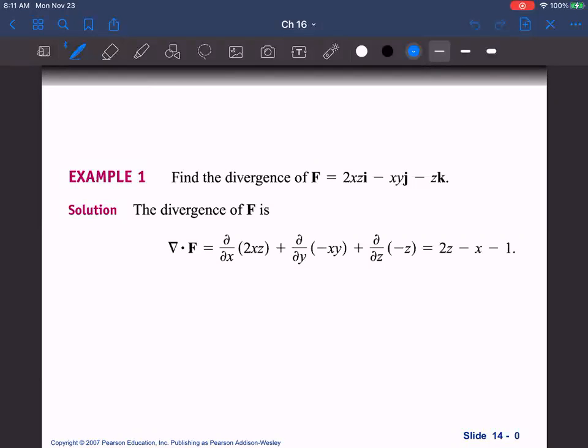And again, it's just a dot product, so you end up with a scalar function. You go through and do those little dot products, where del in Cartesian coordinates is partial x in the i direction plus partial y in the j direction plus partial z in the k direction. So just dot those together, do your derivatives, and that's it.